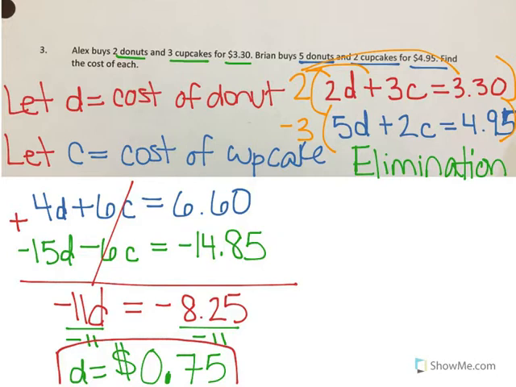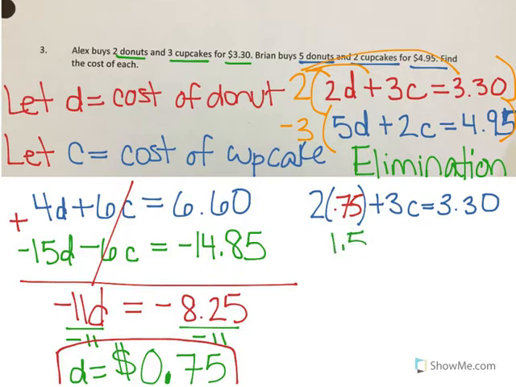So using the top equation, 2D plus 3C, I'm going to start off with 2 times, now instead of D, I'm going to plug in 75 cents, plus 3C equals 330. So when I solve here, 2 times 0.75 is 1.5 plus 3c equals 330.